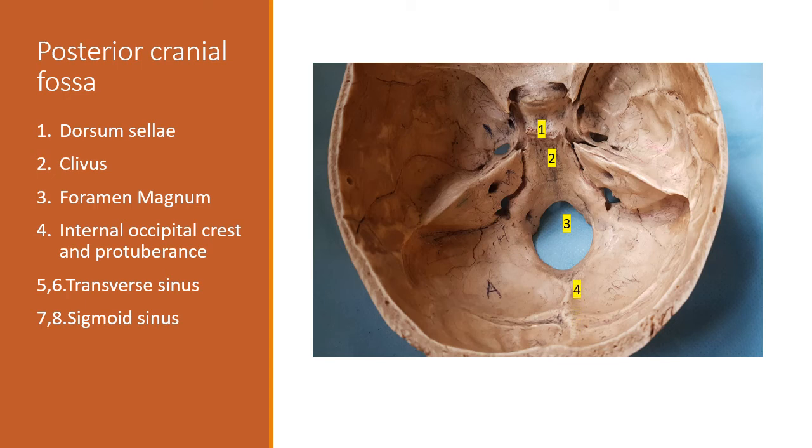The internal occipital crest ends as the internal occipital protuberance. Then from the lateral side of the internal occipital protuberance, there is the groove for the transverse sinus on either side, which continues as the S-shaped groove for the sigmoid sinuses.